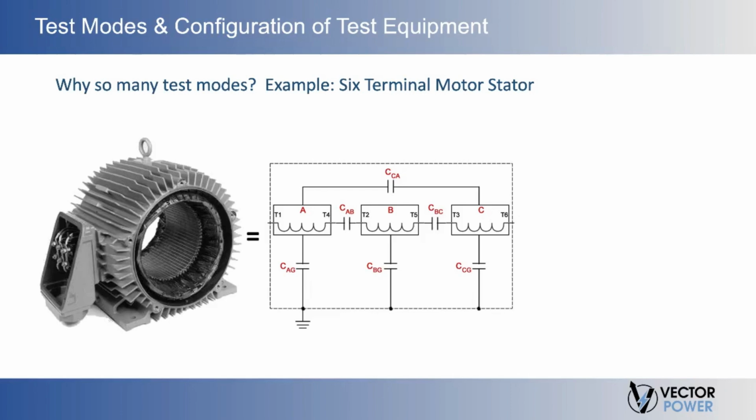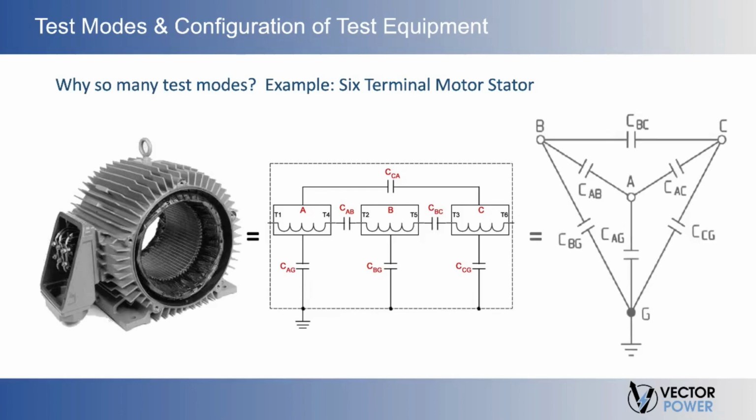Now that's going to create a relatively complex insulating system. We're going to have capacitance from A to B winding, B to C, C to A. We'll also have capacitance from the A to ground, B to ground, and also C to ground. So again, we can represent it in our triangle here, and we see that we have a little bit more of a complex insulating system going on.